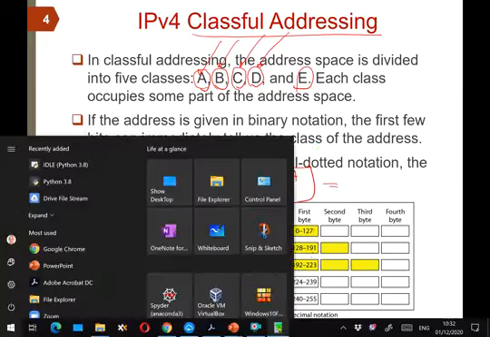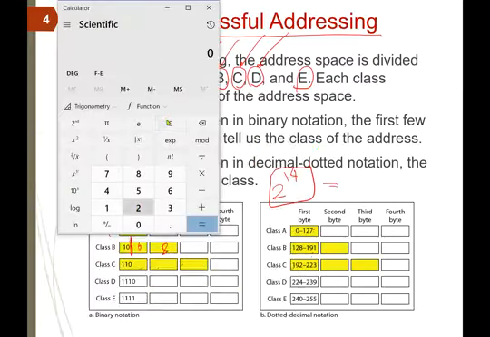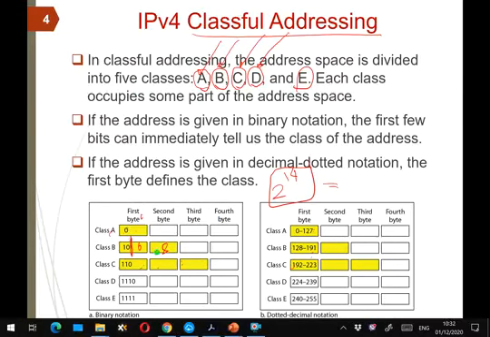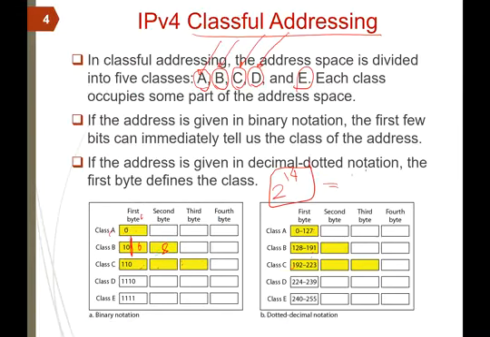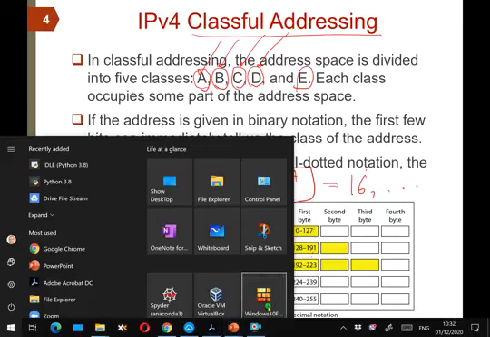Use the calculator. 2 to the power 14 equals 16,000. So we can have 16,000 blocks.